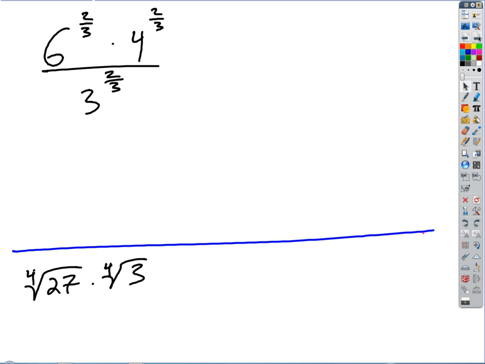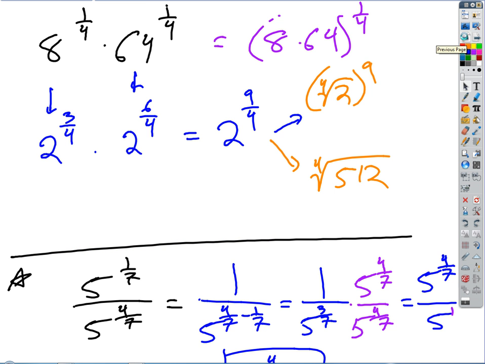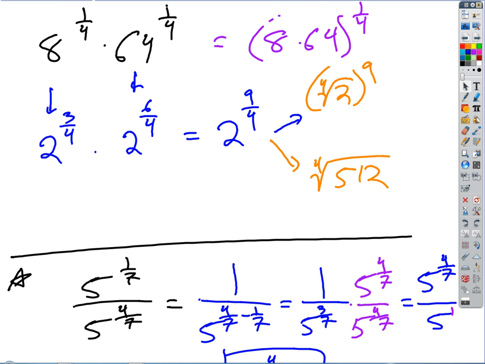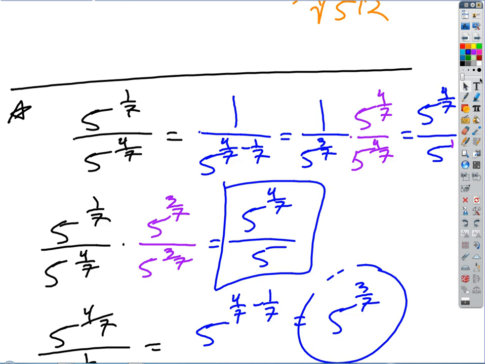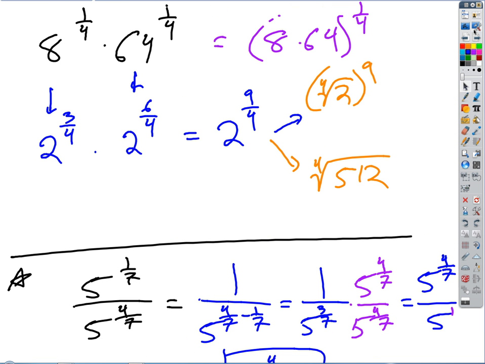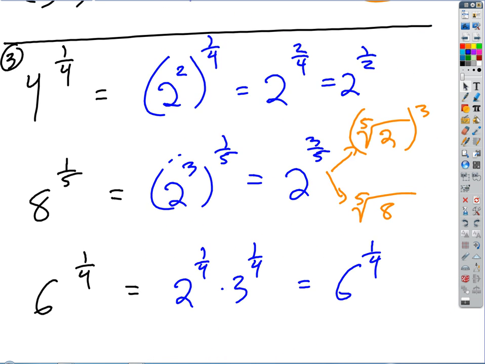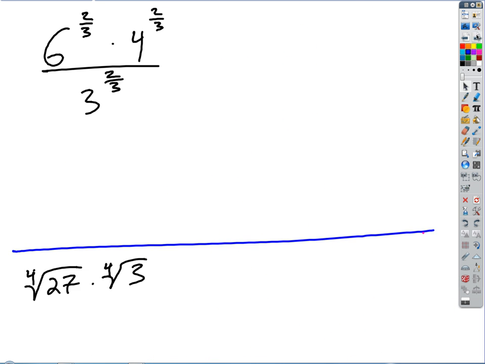a product or a quotient that involves, remember, let me go back real quick. I had it here somewhere. Maybe I erased it. I think I erased it. You would add the top two exponents and subtract the bottom.